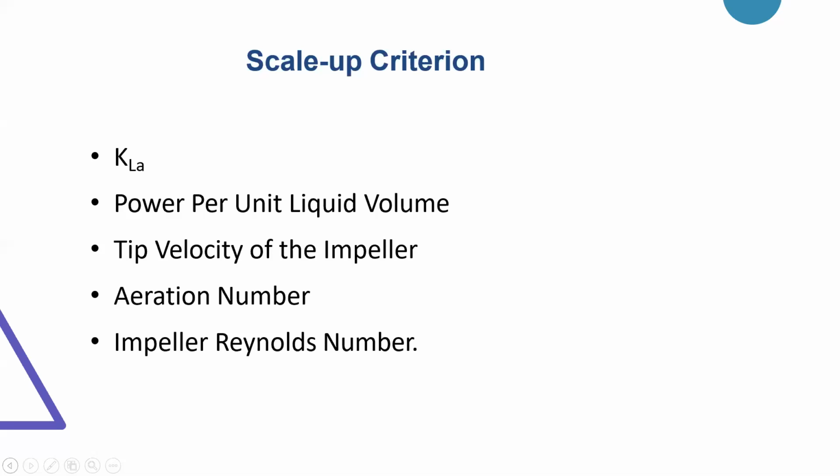Fourth is the aeration number. The same amount of aeration should be there to ensure good OTR and OUR. And the fifth is the impeller's Reynolds number. Reynolds number is related to the diameter of the impeller and the speed of the impeller. It gives me a characterization of the type of flow I am going to have in the broth.